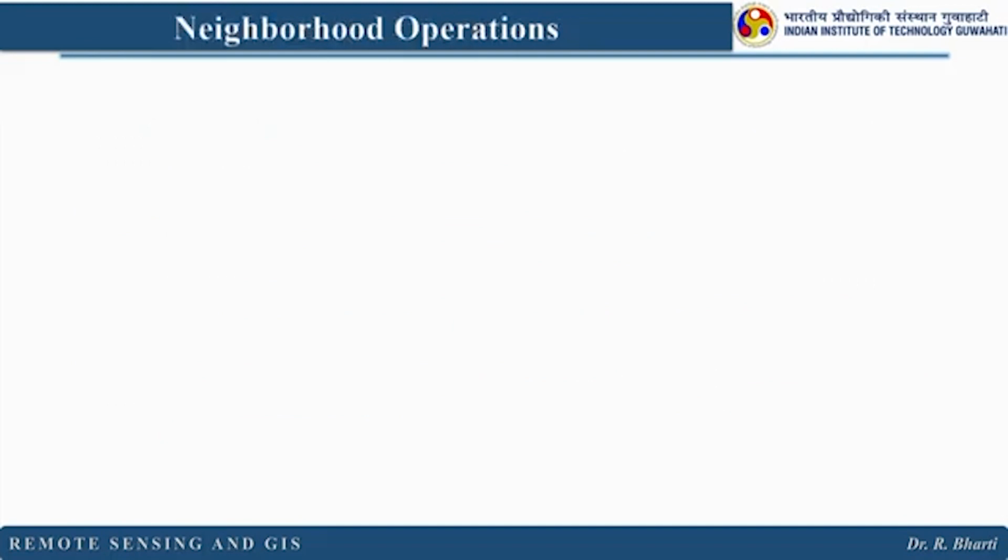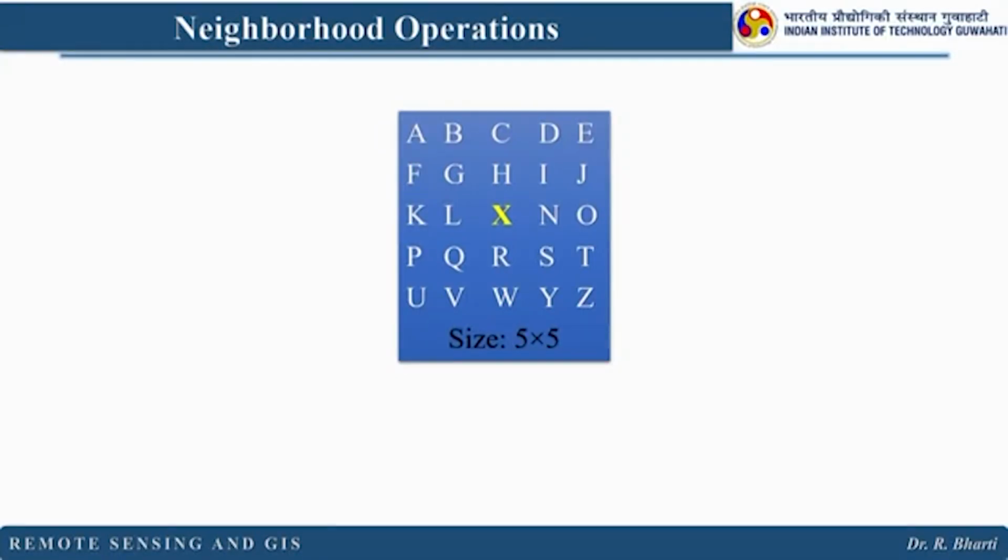So let us start with neighborhood operation. Basically, what do we mean by neighborhood in terms of an image? Let us take this example where we have an image, and these A, B, C, D, E, F, G, H, I up to Z are the digital numbers or brightness values of this image. Here we are looking at a matrix, and the size of this image is 5 by 5.